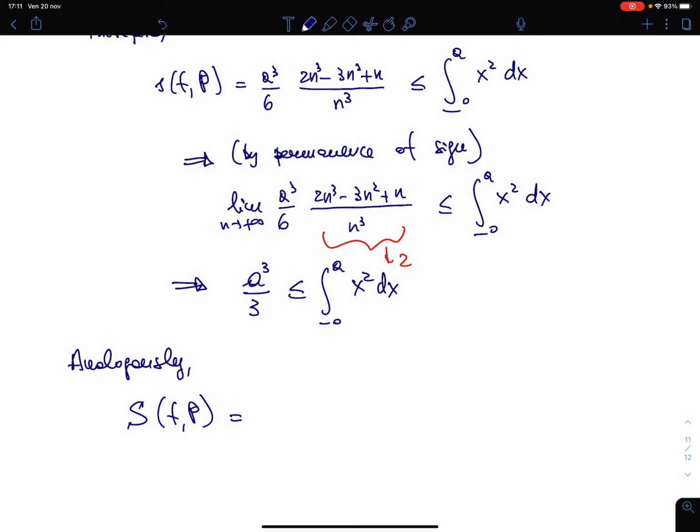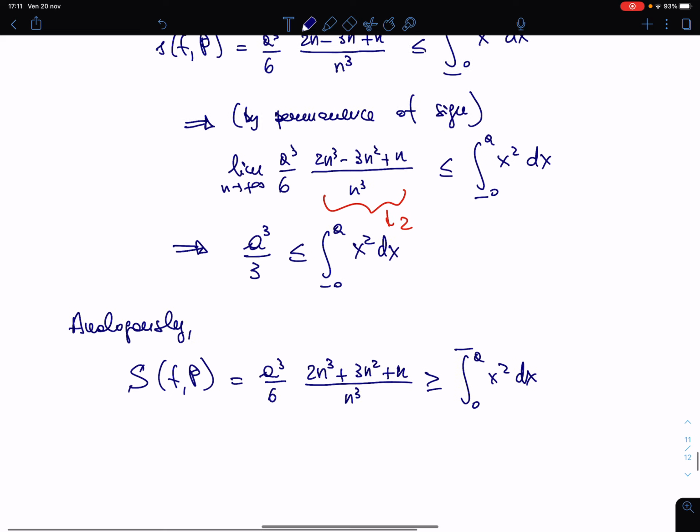So S Fp is equal to a cubed over 6. This time one has to use the plus sign, 2n cubed plus 3n squared plus n divided by n cubed. And this, of course, is larger than the infimum of upper sums, which is the upper integral from 0 to a of x squared dx.